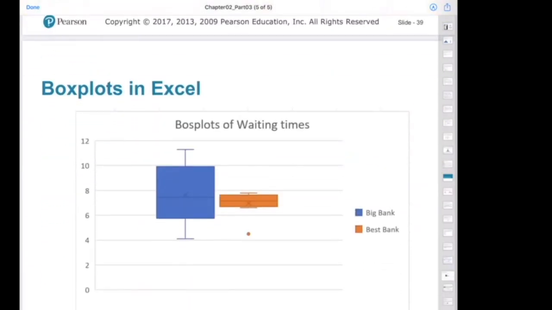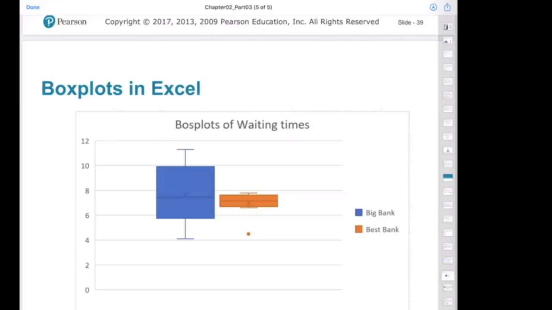Okay. Of course, the blue one is for the big bank, the orange for the best bank, and here you can compare between them. Which one is more variable? The blue or the orange? The blue is more variable than the orange, right? Which one has outliers?